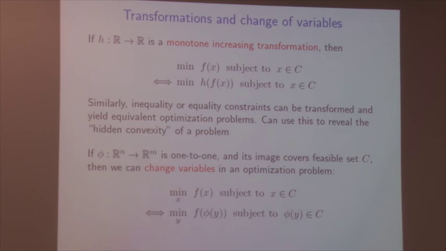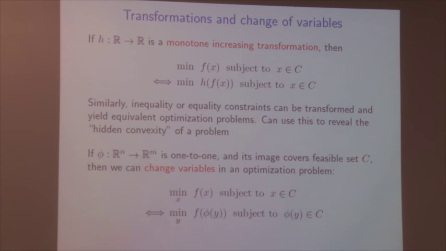So another thing we can do is transform our function or change variables. If I have h and h is monotone increasing, I can apply h to my objective and still have a convex problem. And I don't need to worry about changes to the feasible set or anything like that. Recall, you might be confused by the definition of h mapping from R to R. Recall that we've been thinking only about real valued objective functions.